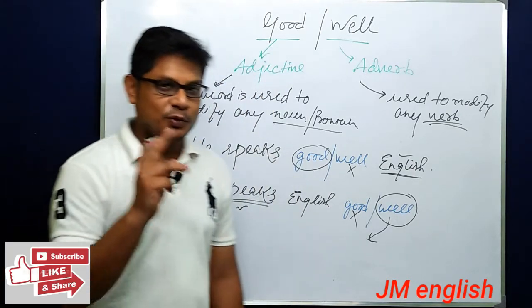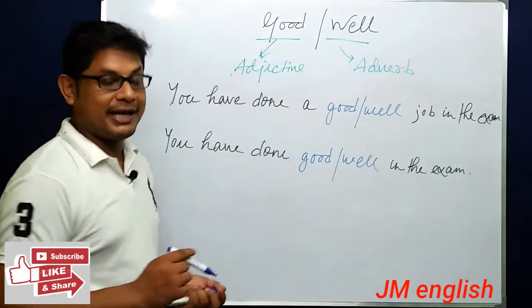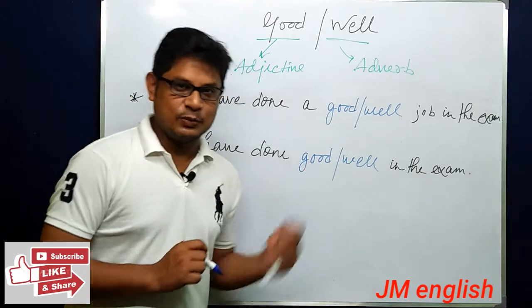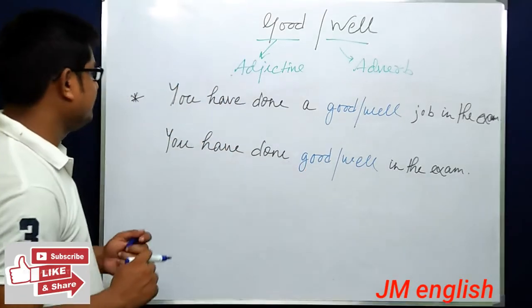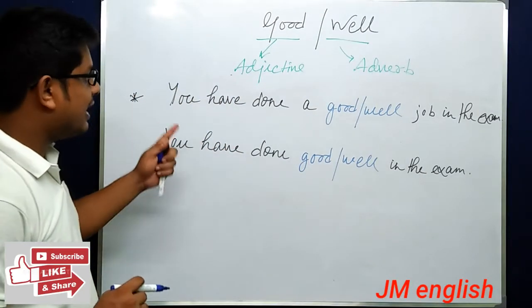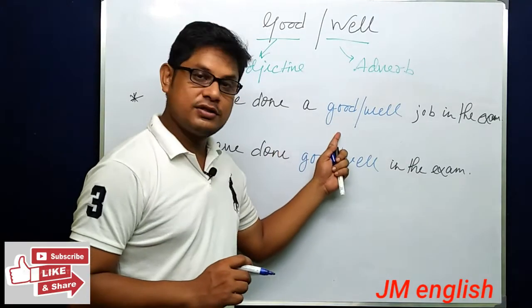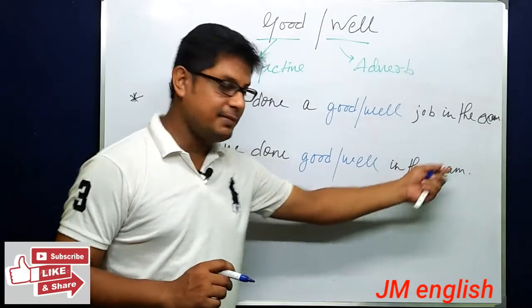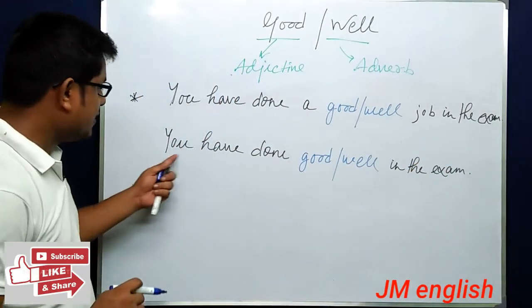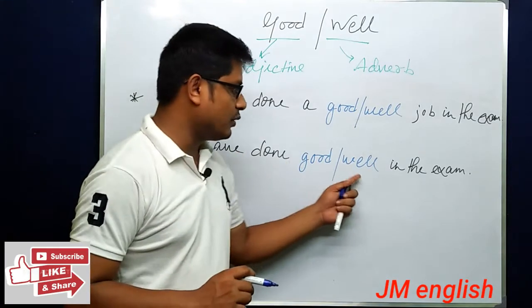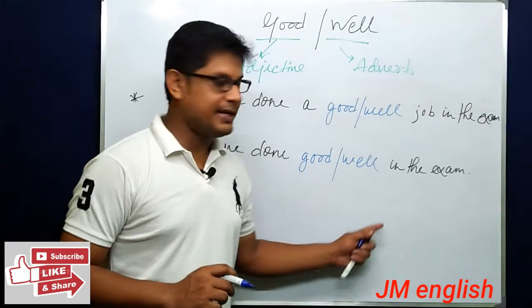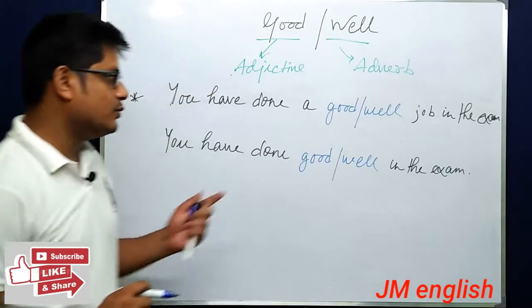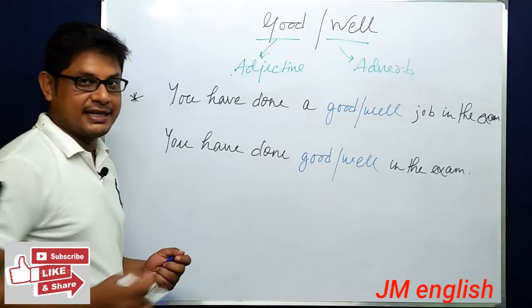Let me give you more examples. Now I have another sentence to explain good and well. In the first sentence, you have done a good or well job in the exam, and number two, you have done good or well in the exam. Right? Now which one is right, good or well, in this sentence?